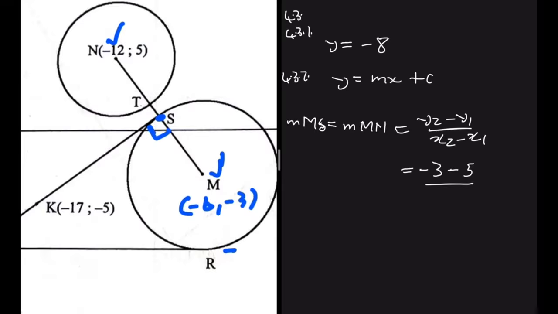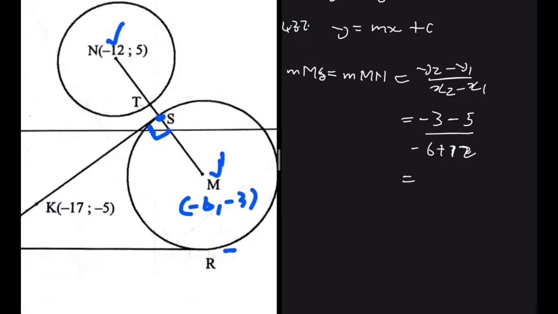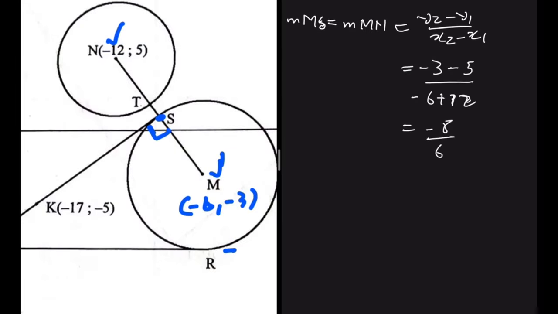So x2, we're gonna have -6 minus -12. So that will be plus 12, right? So this will be equal to, on the numerator we have -8 and we're dividing by 6. It's easy to see that the gradient of MN, the gradient of MS will be -4 divided by 3, right?